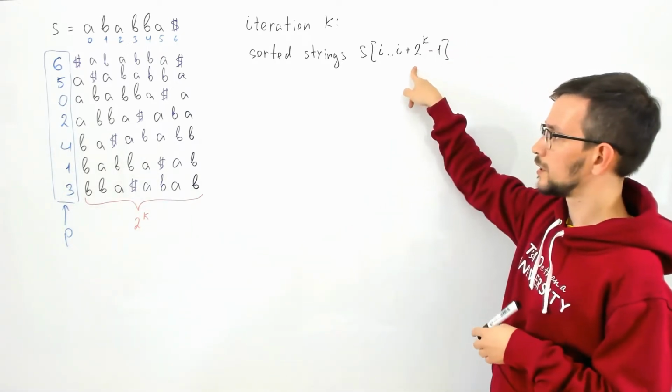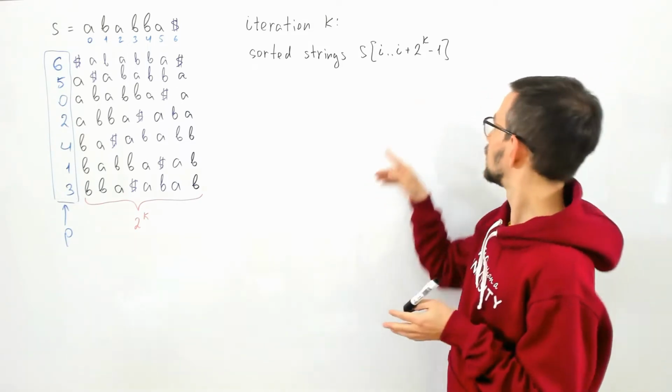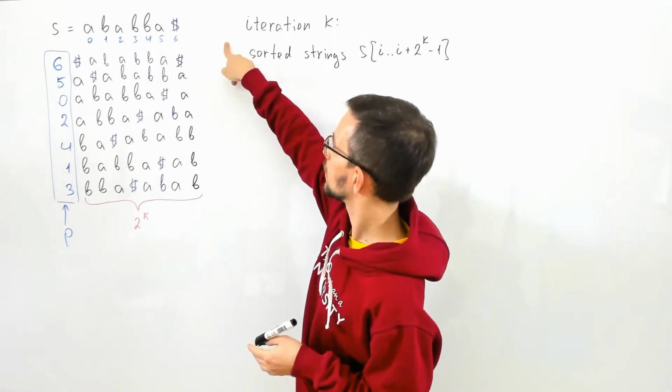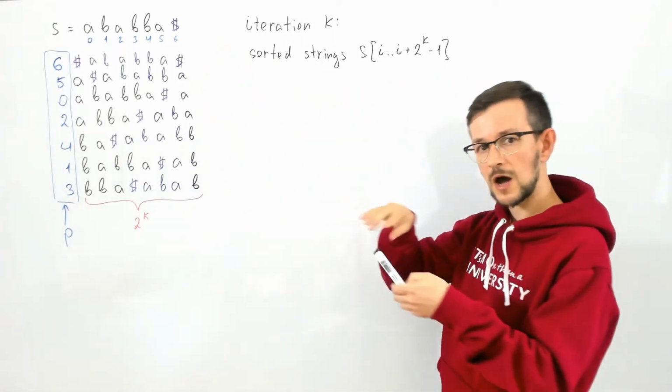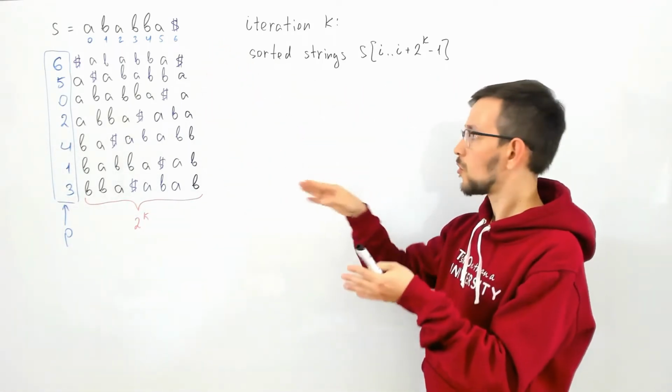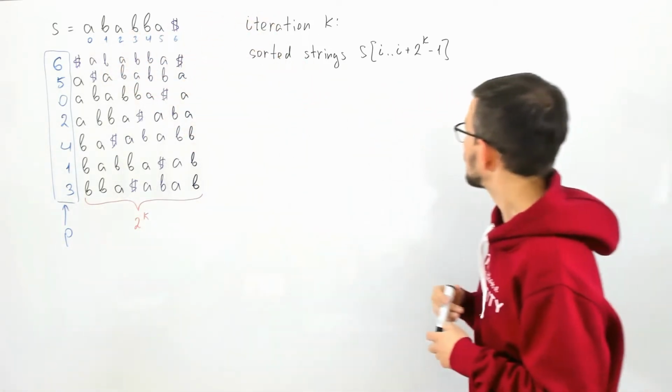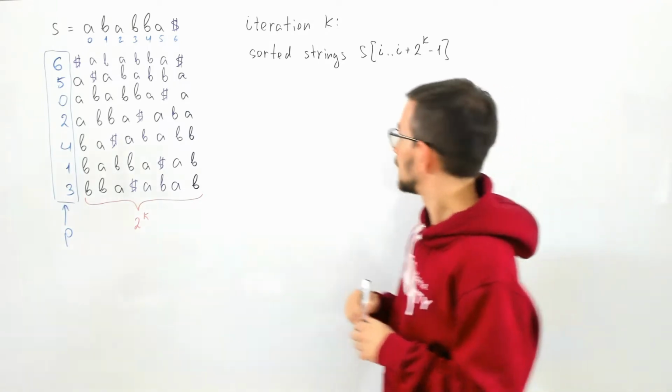Here I assume that the string is cyclic, so this index may be after the right end of the string, but if it's after the right end of the string, I assume that we have all the same characters in a cycle to the right.